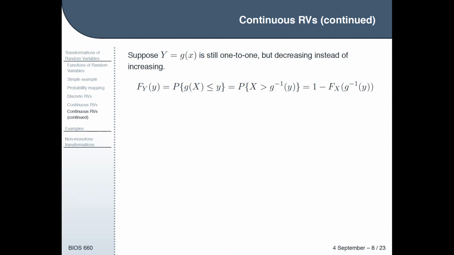Since g is a decreasing function, that's equivalent to the probability that x is greater than g inverse of y. We reverse the direction of the inequality here because it's a decreasing function, and that's of course just equal to 1 minus the CDF of x evaluated at g inverse of y.